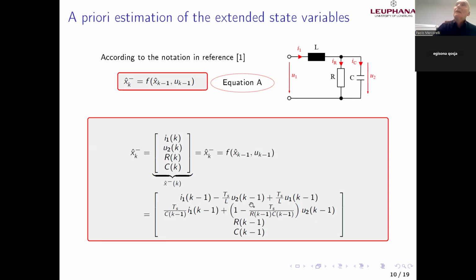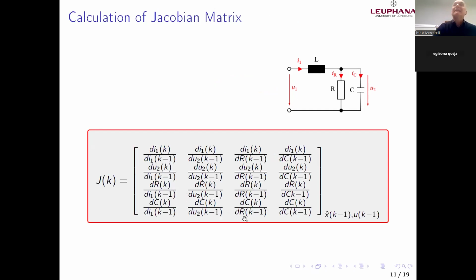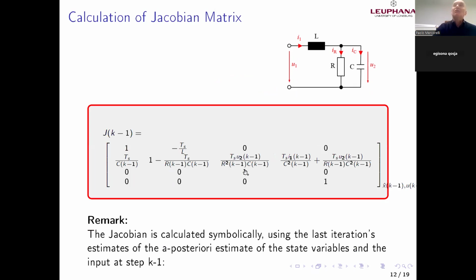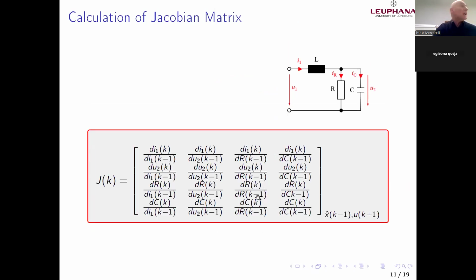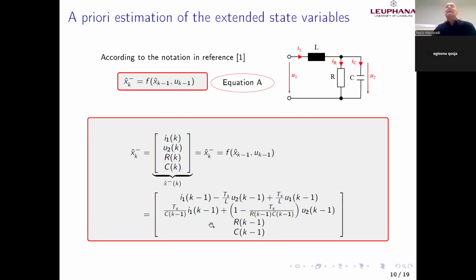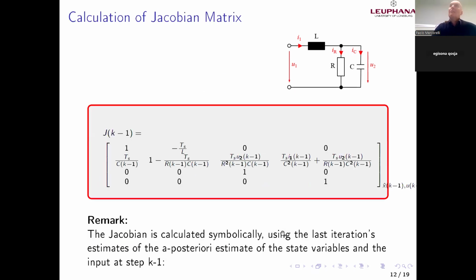We have just 1 at this position, because at this position we have the derivative of R of k with respect to R of k minus 1, exactly as we had in the case of the motor. And here we have only 1, because if you look at this equation, we have just C of k minus 1. This is the Jacobian.